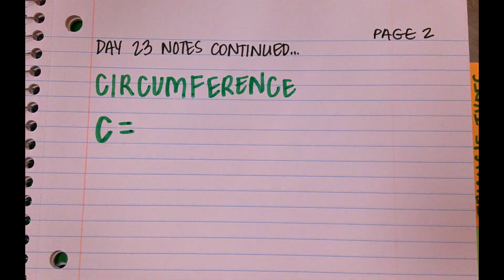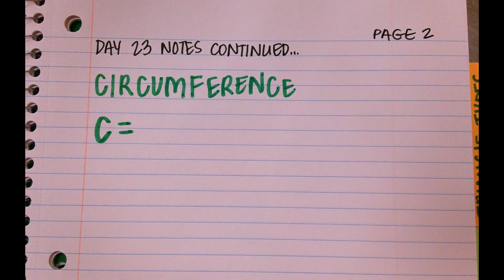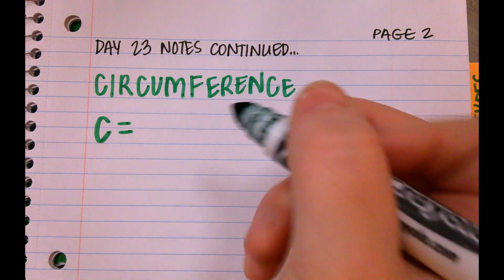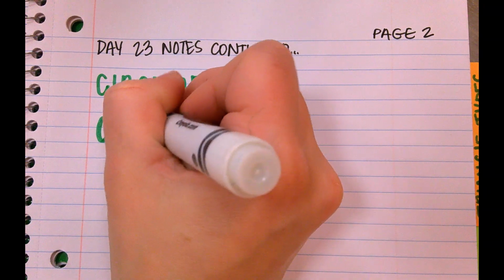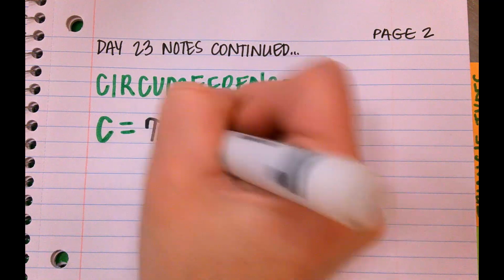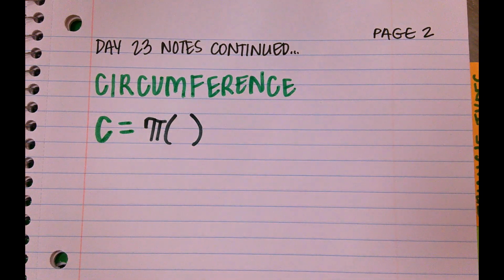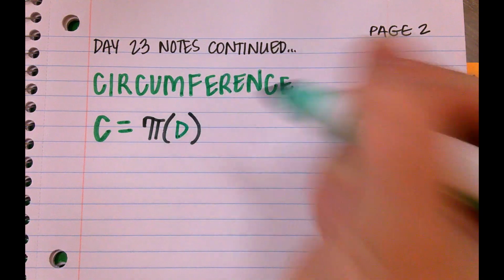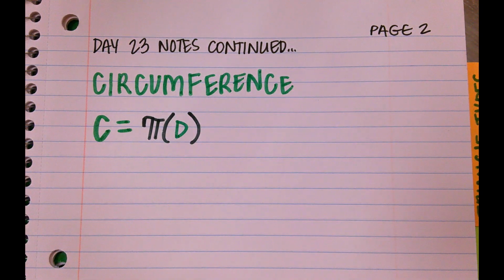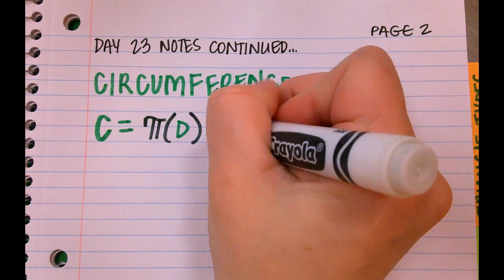And it equals, I've got 2 formulas highlighted on that handout I gave you. What's one of them? C equals pi times d, or pi times diameter. And then the other one is 2 times pi times r.